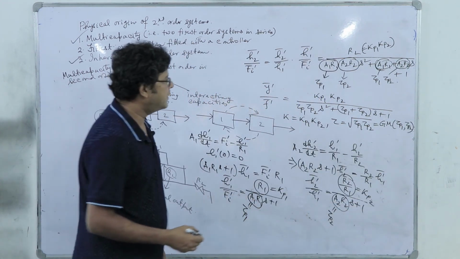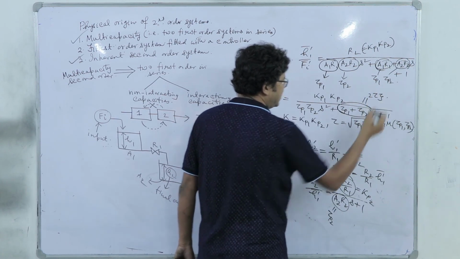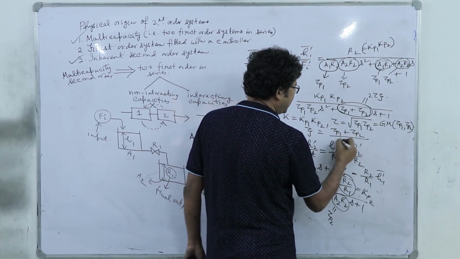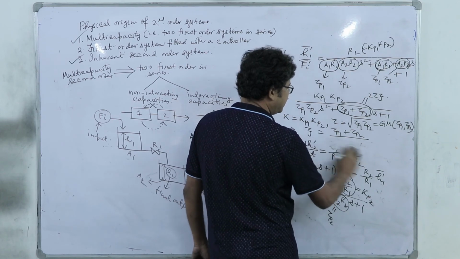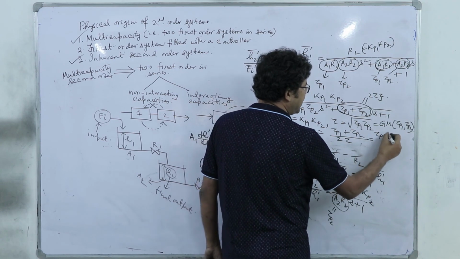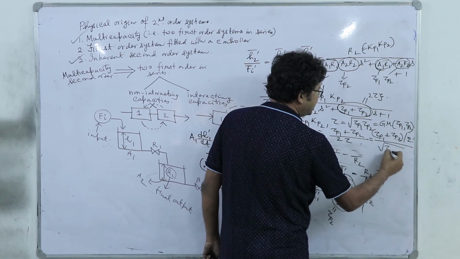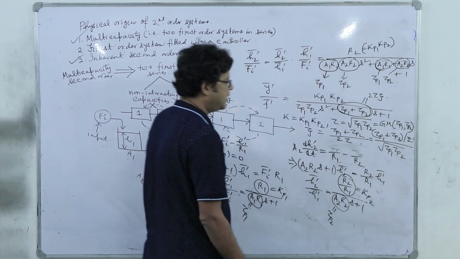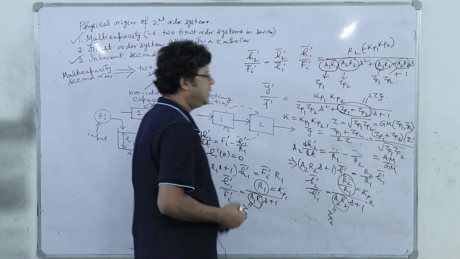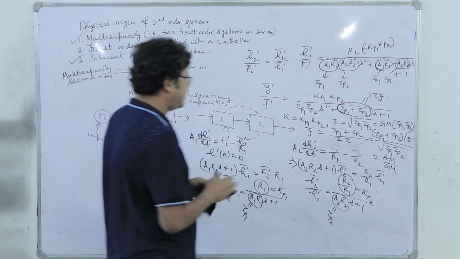And zeta, see this should be equal to 2 tau zeta. So, zeta is equal to (tau P1 plus tau P2) divided by 2 into tau. So, it is (tau P1 plus tau P2) divided by 2 by the square root of tau P1 tau P2. So, it is arithmetic mean by geometric mean of tau P1 and tau P2. It is quite clear.